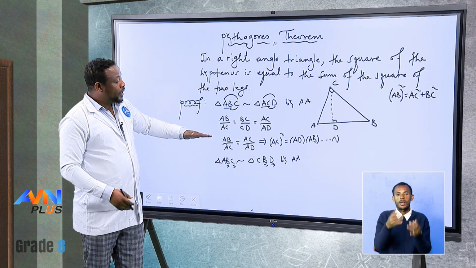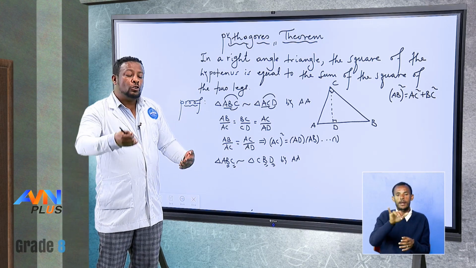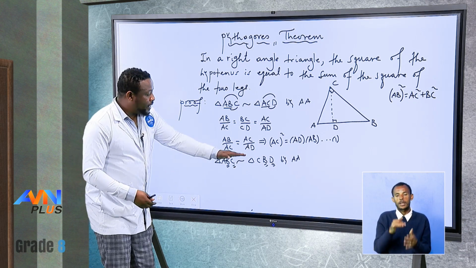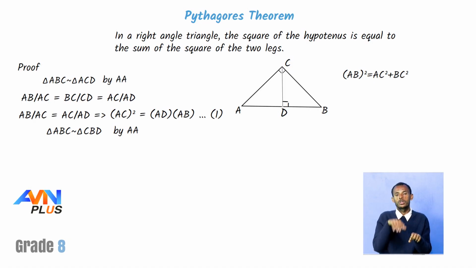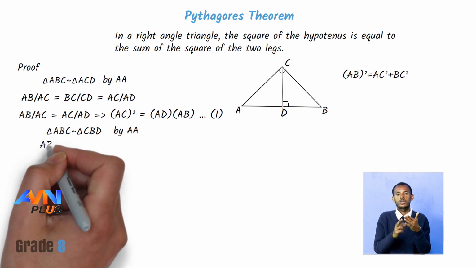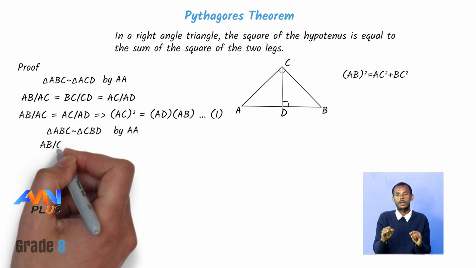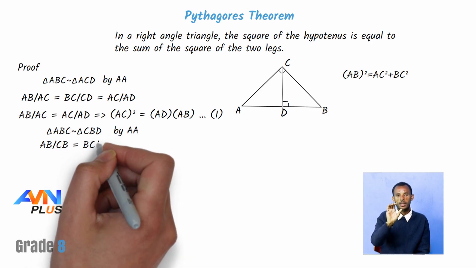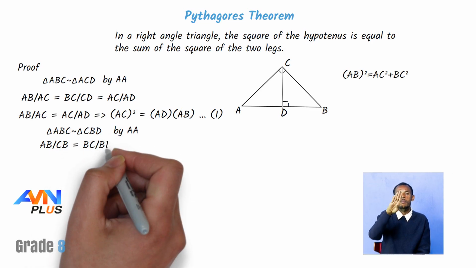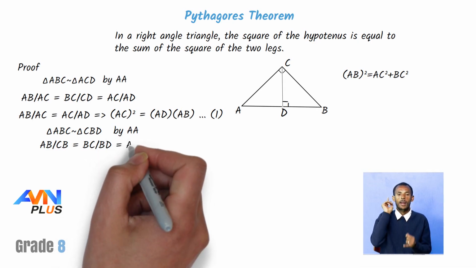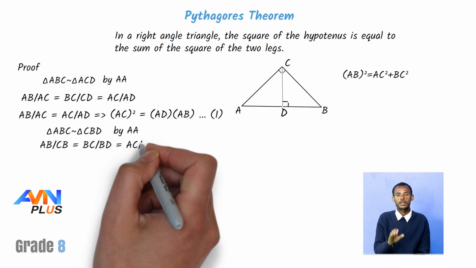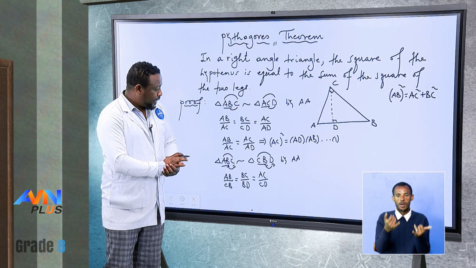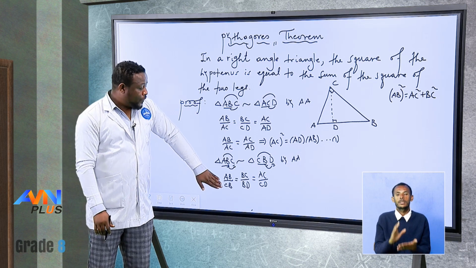Therefore, these two triangles are similar by angle-angle similarity. Now, if these two are similar, you can derive some ratios by definition of similarity. So when we take the ratio, this becomes AB over CB, which must be the same as BC over BD, and lastly AC over CD. Now take the first two.